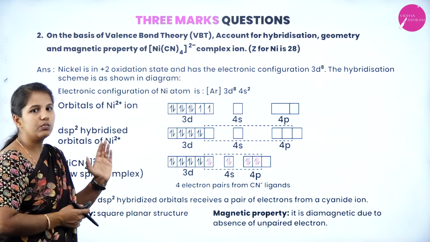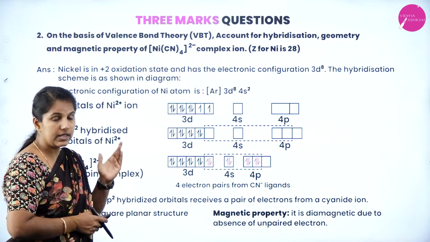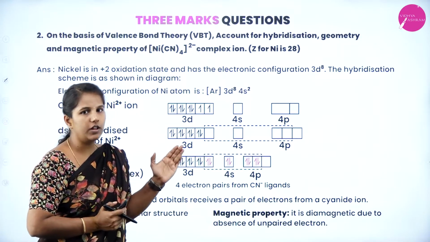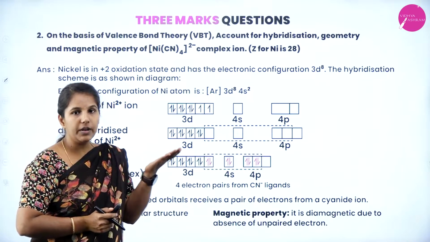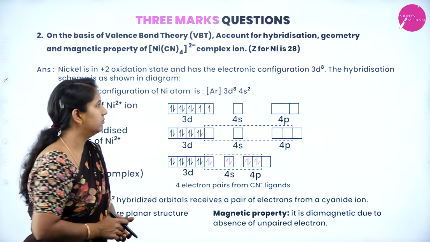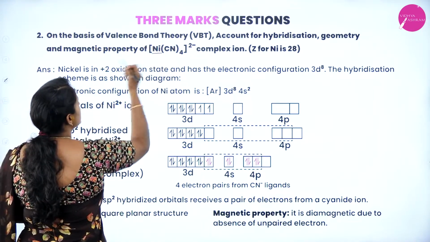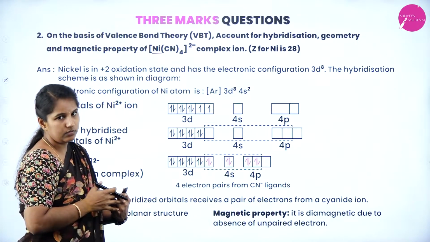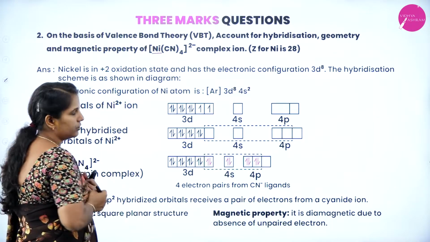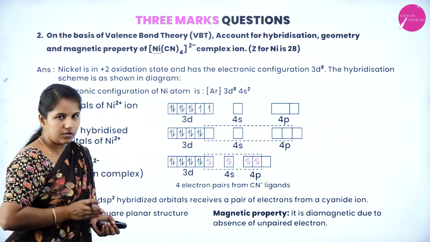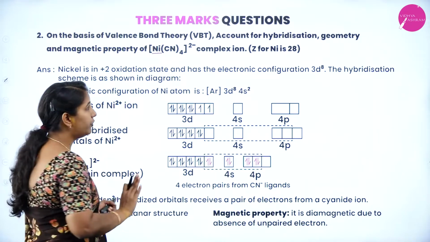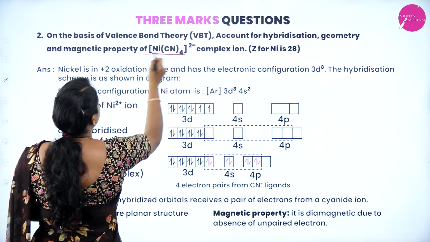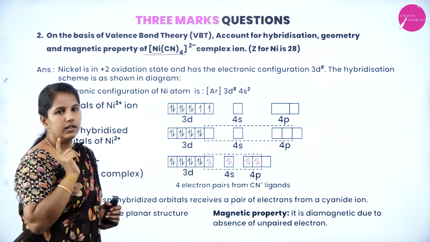For writing the VBT structure for the given complex, first of all you must know the atomic number of the central metal atom. Here the central metal atom is nickel and its atomic number is 28. You must know how to write the stable electronic configuration, and before that you have to calculate the oxidation number of the nickel.